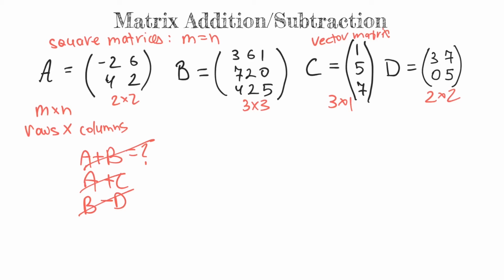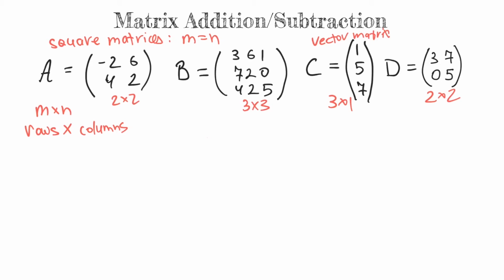The only thing with those four matrices that we can add and subtract would be matrix A plus matrix D and matrix A minus matrix D. So let's do just that. Let's see what it will look like. Let me first clear this area so we have more space.